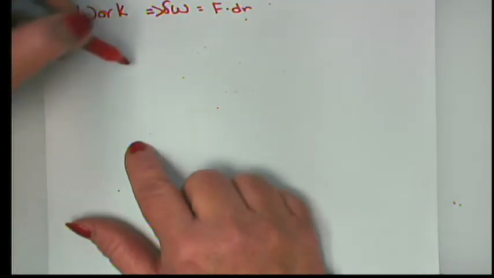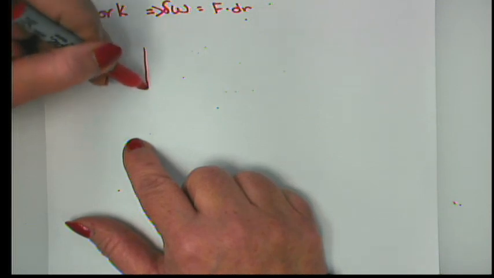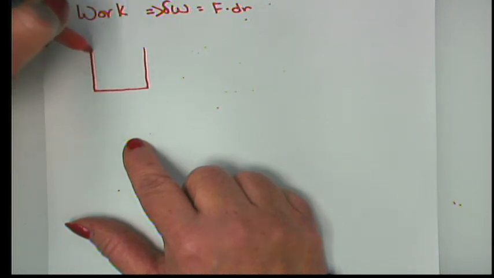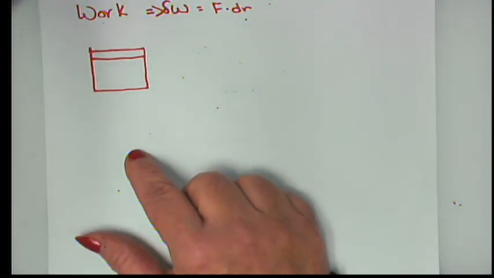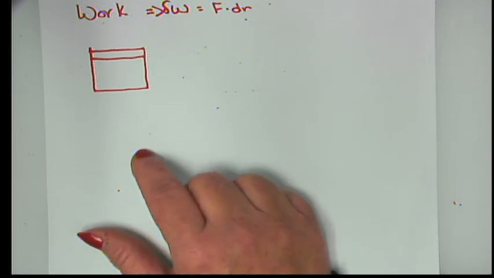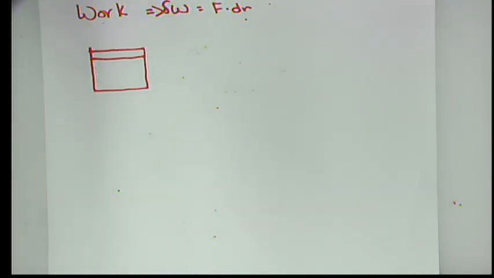So going back to this idea of there's a lot of different ways that work can enter or exit a system, but if you look at this piston cylinder, that I was telling you is a very common setup that we talk about, mostly for the expansion of gases and for phase changes of liquids and gases in containers.